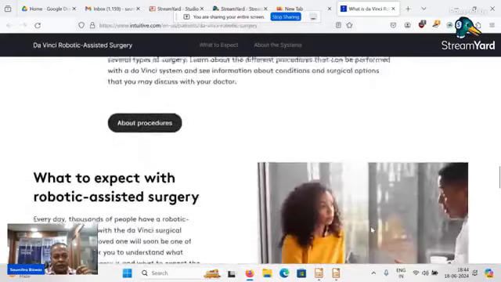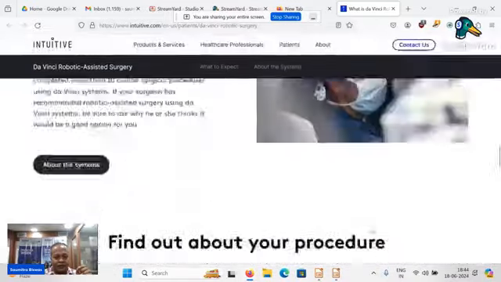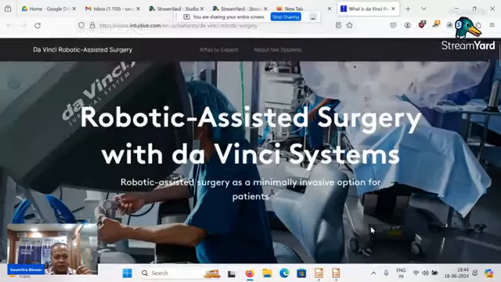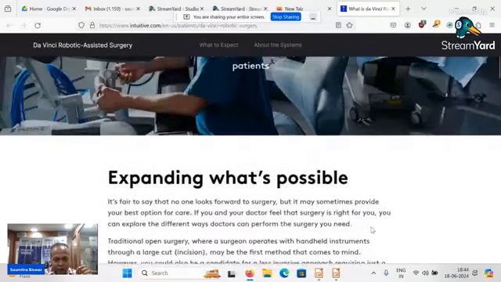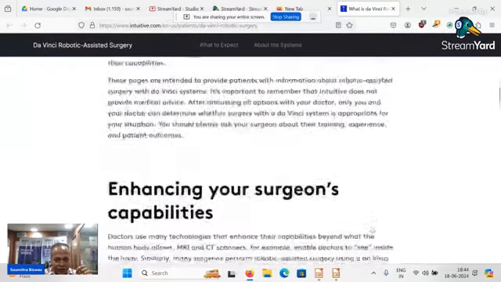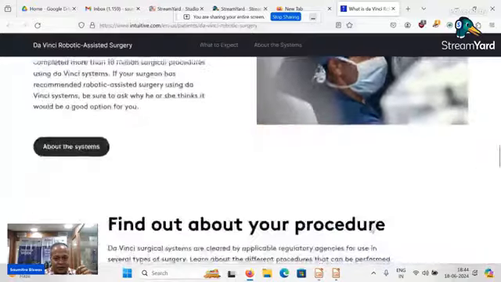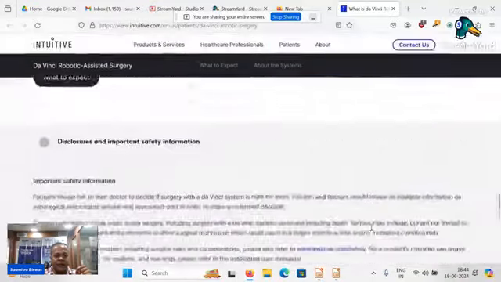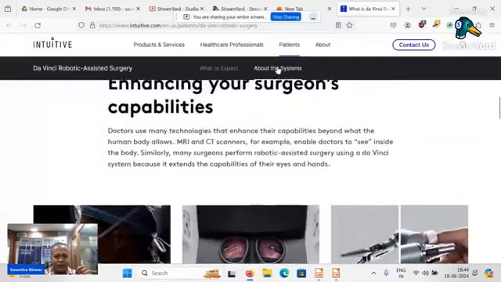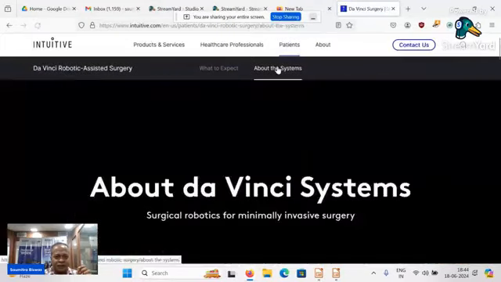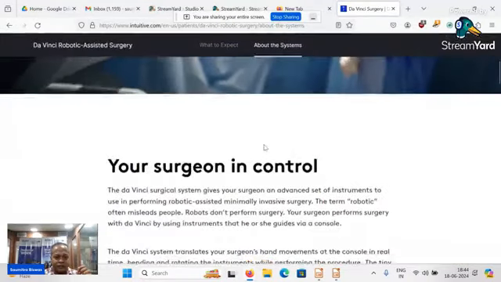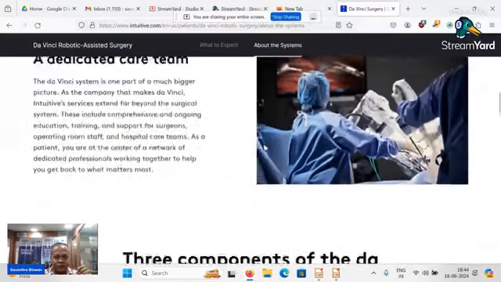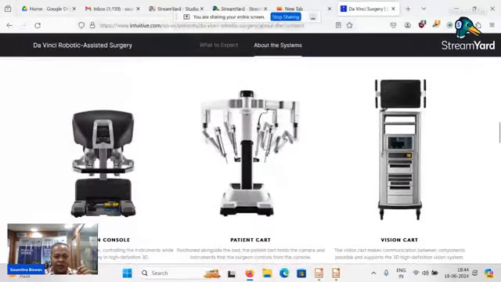The whole system, how it looks like. What I have seen in the images, there are 8 or something hands. Okay, it looks something like this. 4 hands.